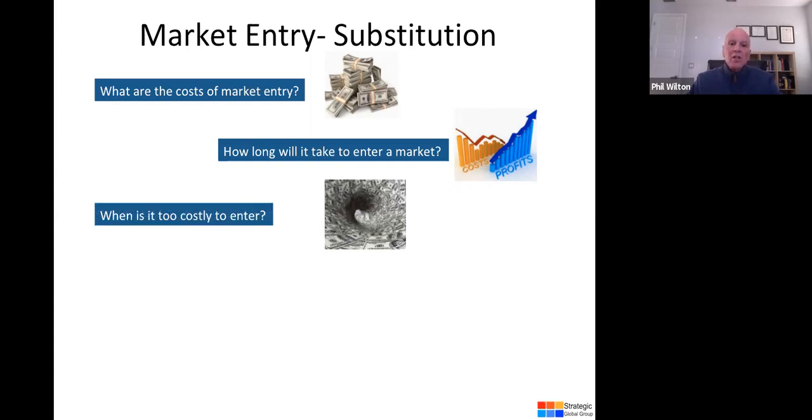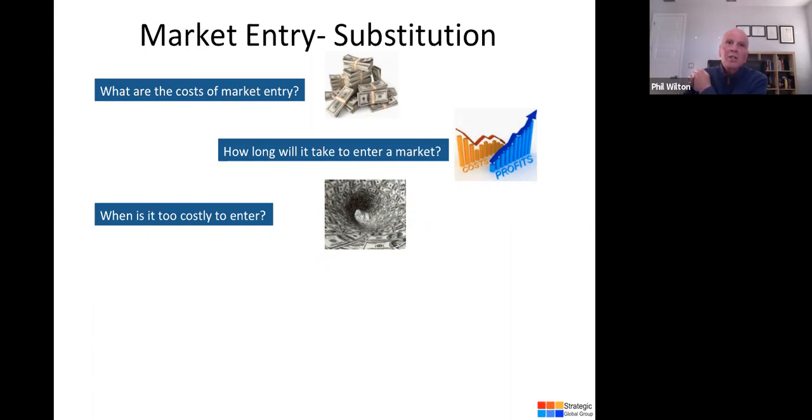When is it too costly to enter into a market? Well, it's never too costly if you have the economies of scale, also known as the resources and capabilities. And we gave a great example of that with Southwest. Entering into the airline industry is expensive, but Southwest and JetBlue have done this in the US, as well as Ryanair and EasyJet in Europe.